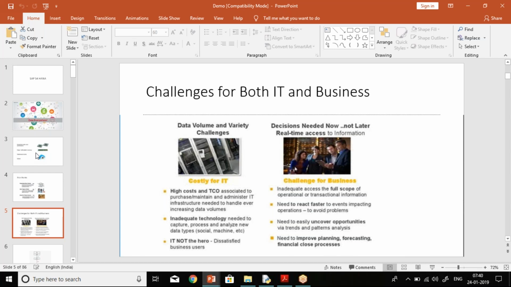Okay, so when you talk about the business challenges, one part is, yes, they wanted to react faster to existing business problems. How do you address the problems by seeing real-time information? And they wanted to see if there are any uncovered opportunities. Tomorrow you buy some product on Amazon or Flipkart, so you are a potential customer for them to pitch all the alternate products.